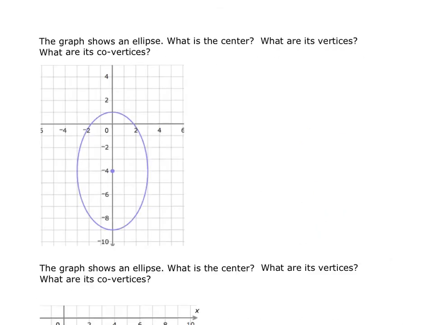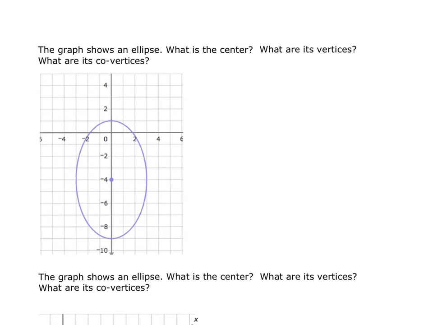Looking at these pictures of our ellipse, we're going to have to identify the center, the vertices, and the covertices. The center in this ellipse is this point right here, so that would be the ordered pair (0, -4). Your vertices, remember there are always two of them, are on the longer axis, and you may have to count the distance and figure out how long it is.